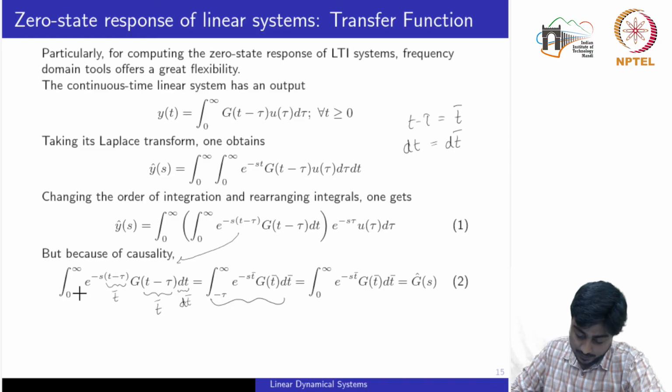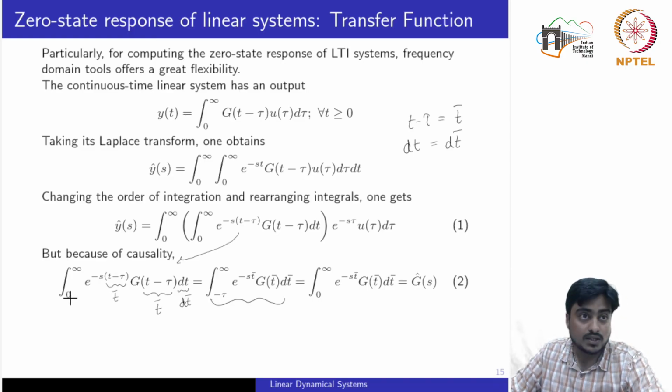Now if we see the limits, if I put t equal to 0, the lower limit would be minus tau, as tau bar, and if I put infinity, it would be infinity.